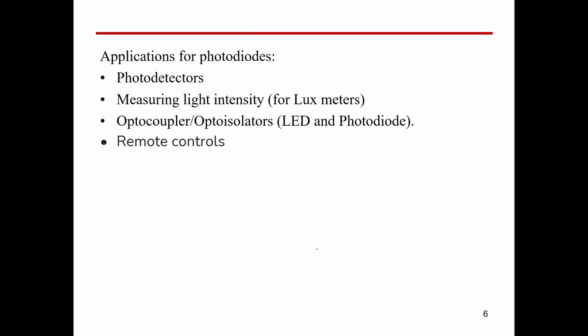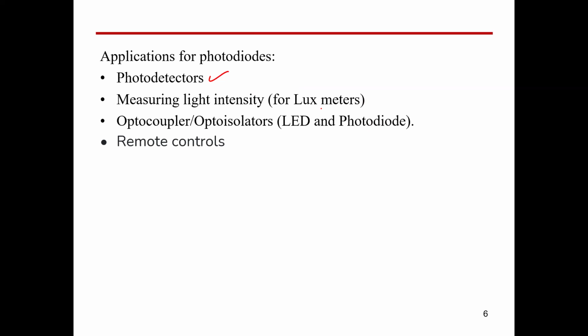Here are the different applications I just mentioned. So photodetectors detect the photons or light, measuring light intensity. In some applications, guys, in electrical system utilizations, we need to measure the light in places in order to be sure the light is distributed in the place as required, as desired in our design.